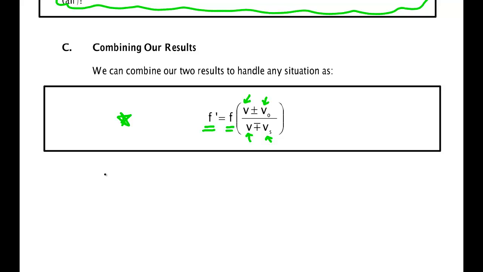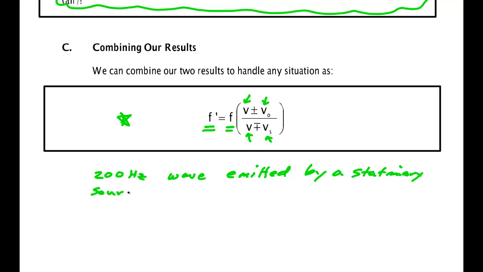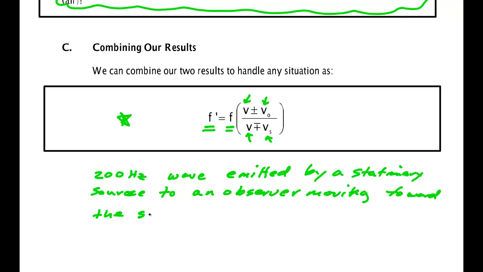So let's say you have a 200 hertz wave emitted by a stationary source to an observer moving toward the source at 15 meters per second.